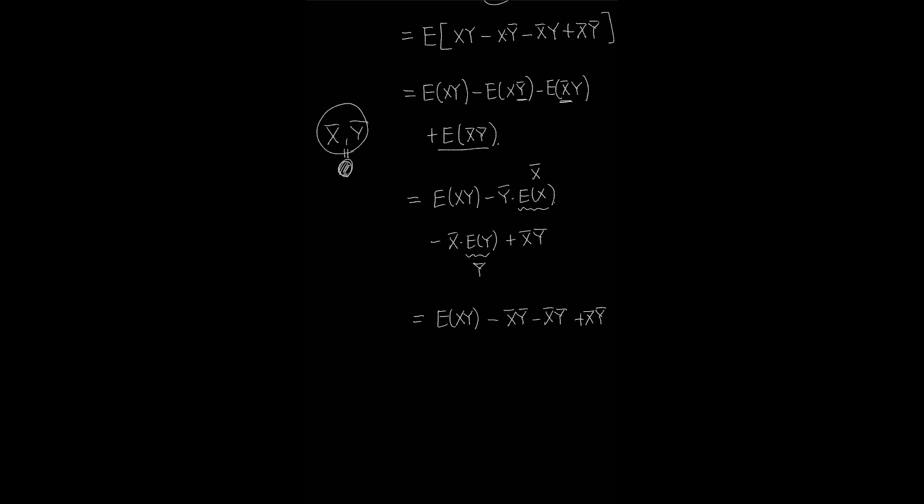We have three x bar y bar terms, so as a result we get the expectation of x times y minus x bar y bar, which is the expectation of x times y minus the expectation of x times the expectation of y. So this is the variation of covariance.